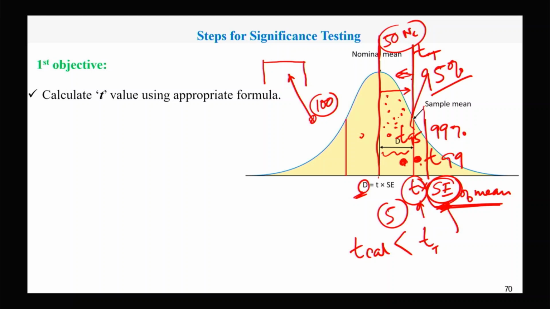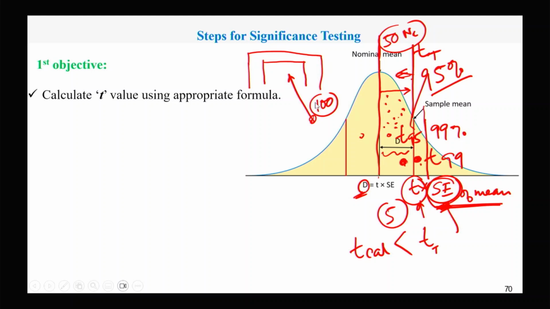Now, if I want to be sure that out of 100 shots I score a goal 99 times, then your goal post should be a little larger or smaller? It will be larger. So with a larger size, within that zone, you are trying to be more sure.